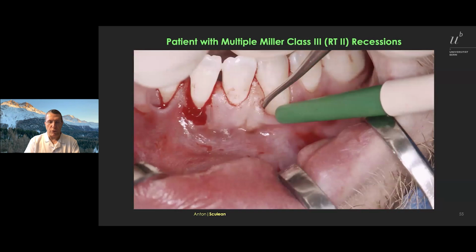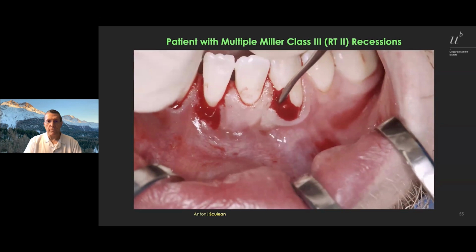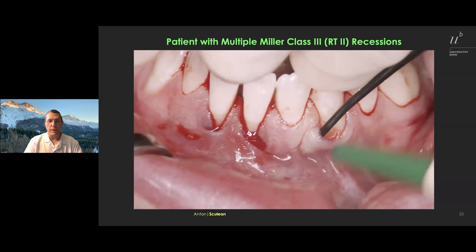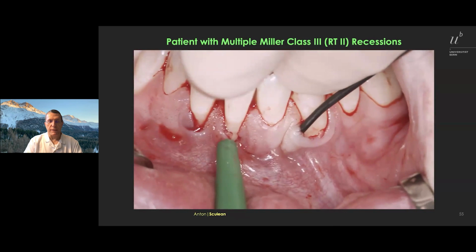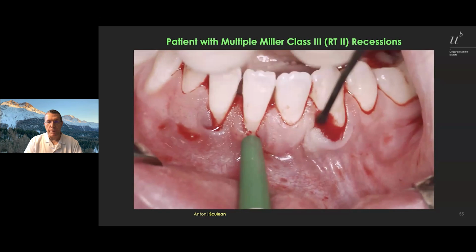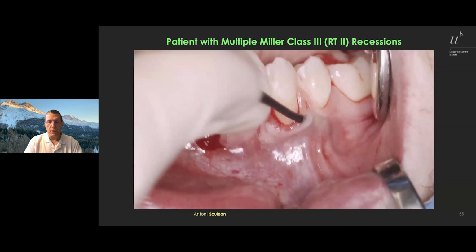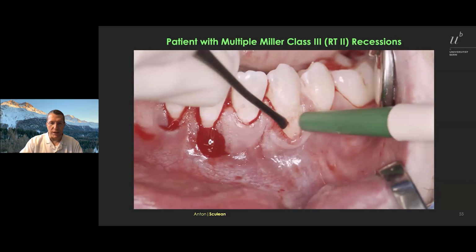Then I have an intrasulcular incision. Then I move my tunnel preparation more distally to the canine.